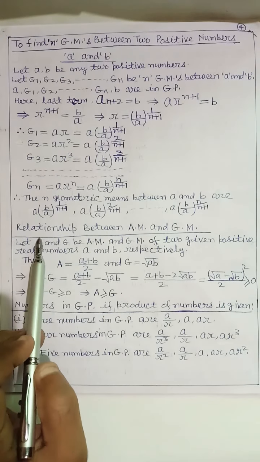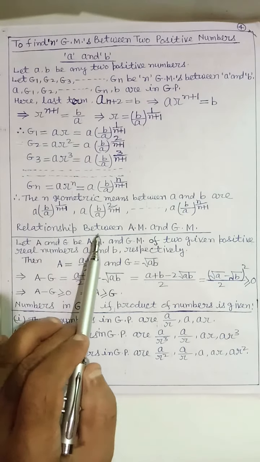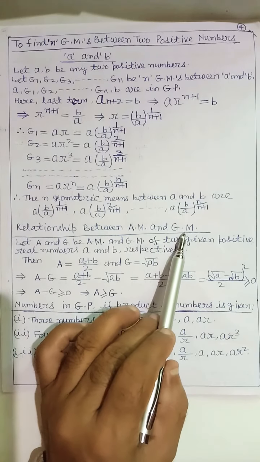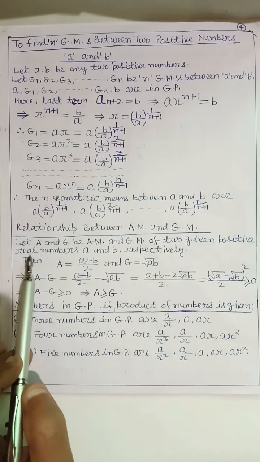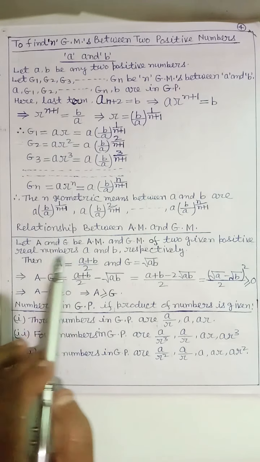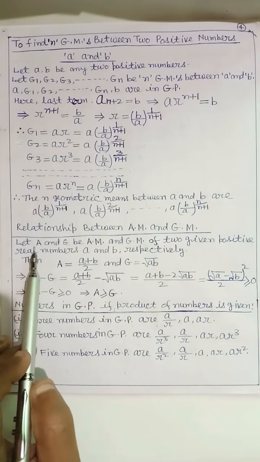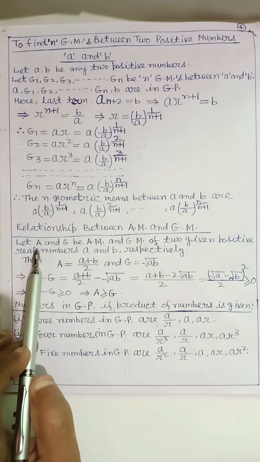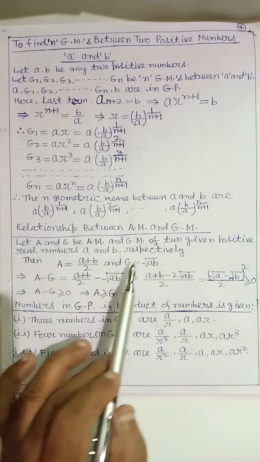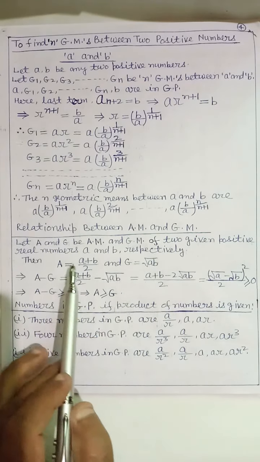Now we discuss the relationship between arithmetic mean and geometric mean. Dear students, A and G, already we know, are the arithmetic mean and geometric mean respectively.